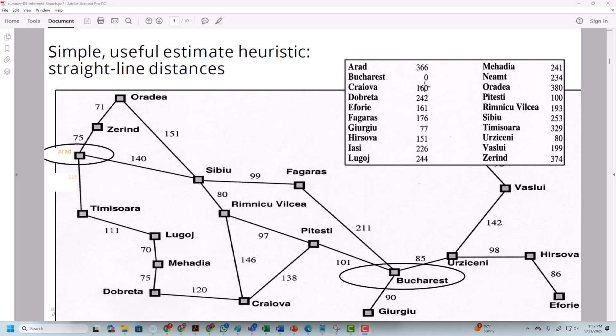Please understand, straight-line distances are the shortest path distances between a pair of points. But in a real road network, road distances are often larger than the straight-line distances. However, that gives us a very good estimate of the bound.